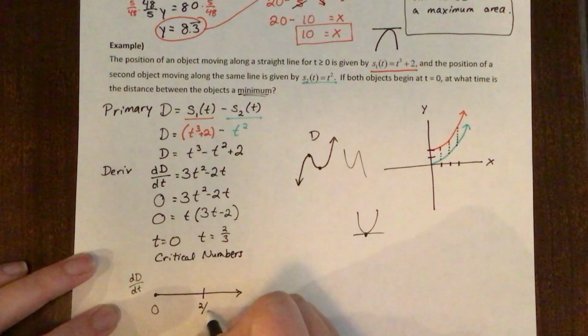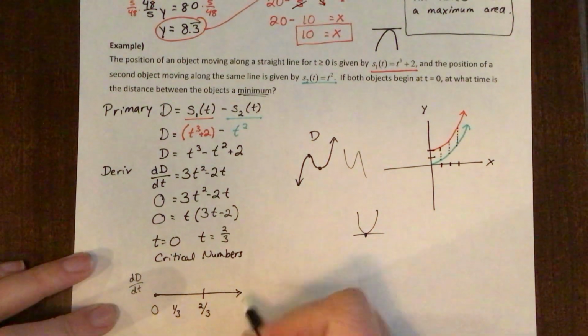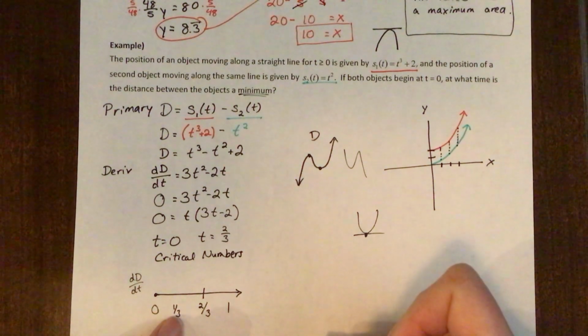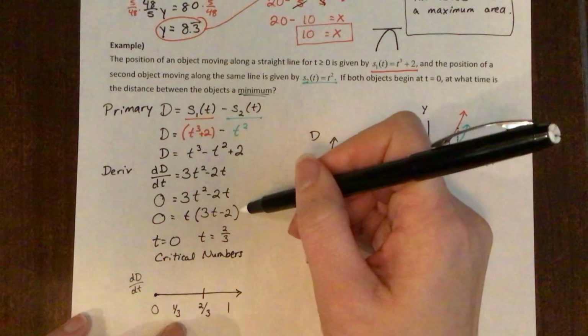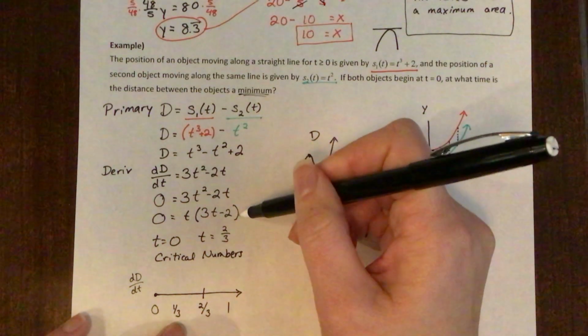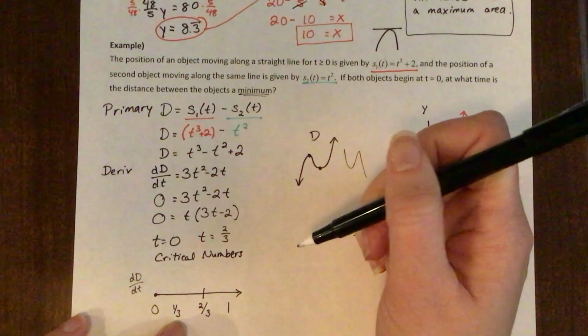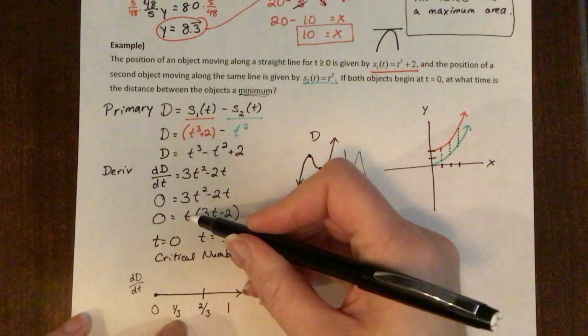0 and 2/3. And let's plug in like 1/3 and like 1. We're plugging this into our first derivative. All of these lines are the first derivative. I'm going to pick this one because then I just have to figure out the sign of each factor and multiply those signs together. So if we're plugging in 1/3 for t, that's positive.